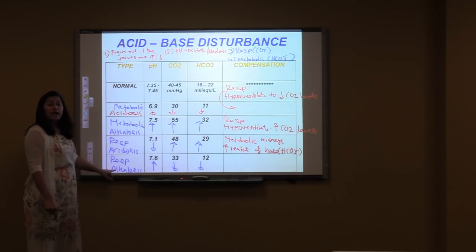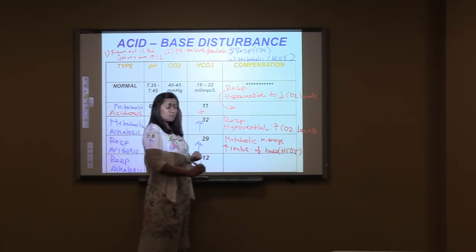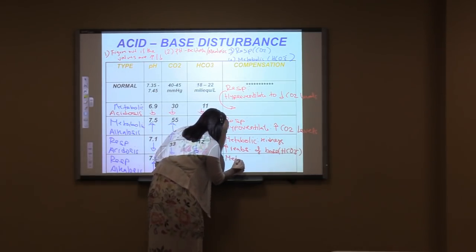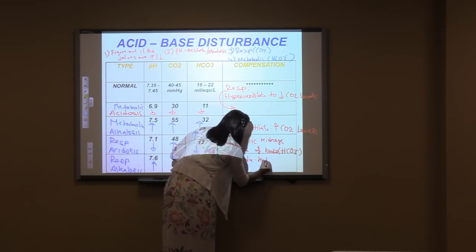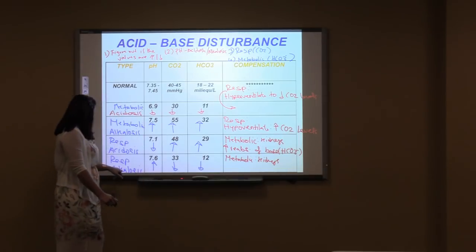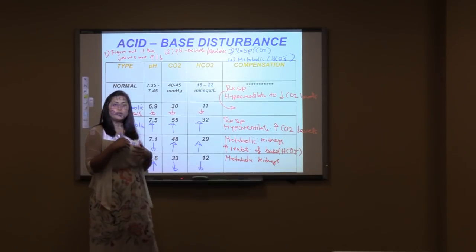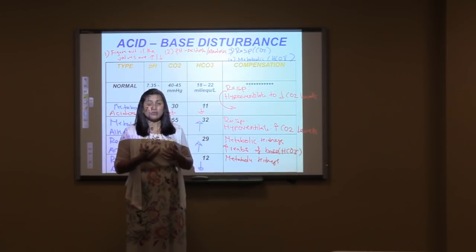The last one, respiratory alkalosis. Because your respiratory system is at fault, the metabolic system compensates, meaning the kidneys. Now, you're in alkalosis, meaning you have too much base in your body. How will the kidneys, or the metabolic system, compensate?